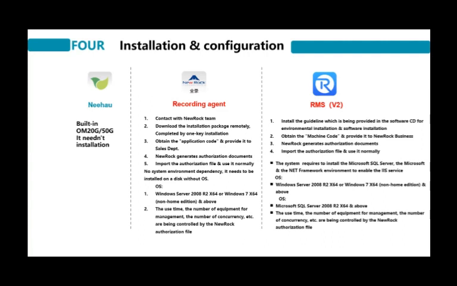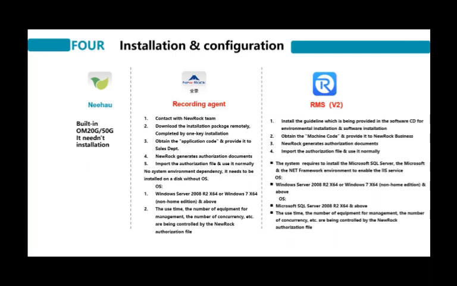I think Kava has already tried to use our recording agent as well. For RMS, I think this is quite a tricky part. Once you have the software CD, the guideline for the software installation is provided there also. Basically, you need to provide the machine code to sales or to the new business team, then we'll give you the authorization documents.